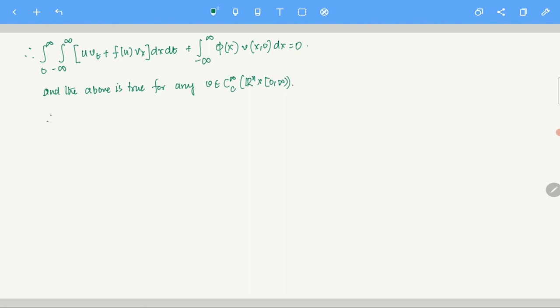Therefore, by our definition, u is a weak solution of (1). Okay, u is a weak solution of (1). So now I hope this is clear to you, how all of this is derived.